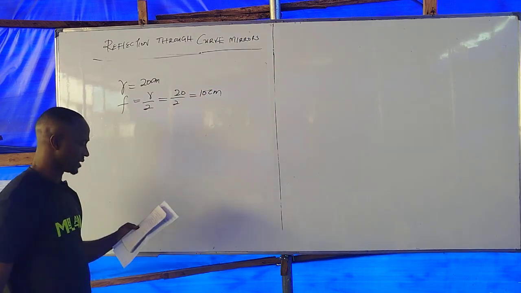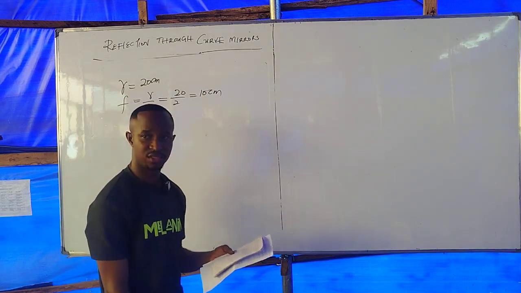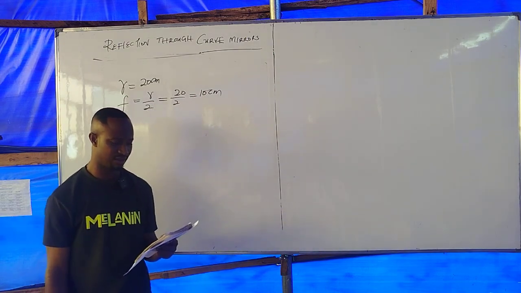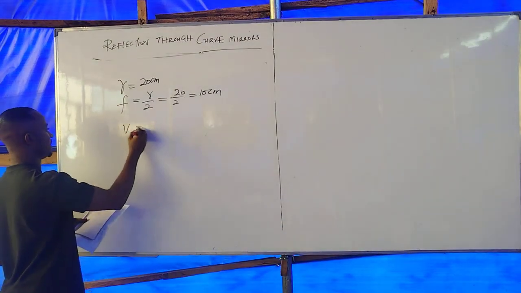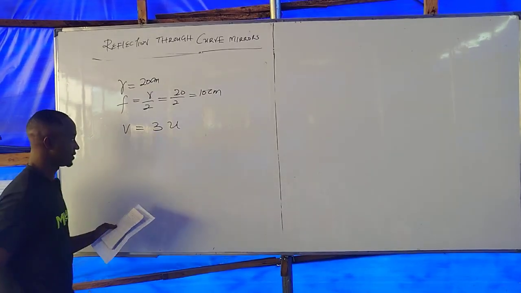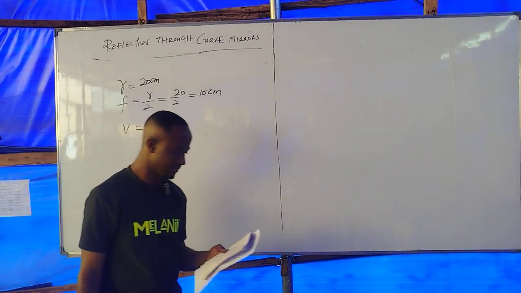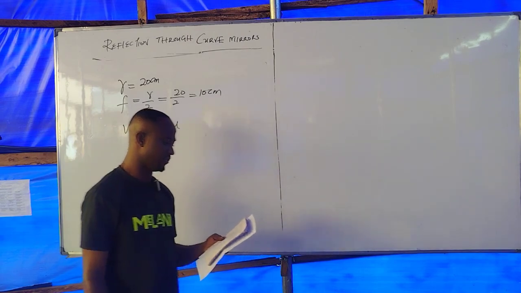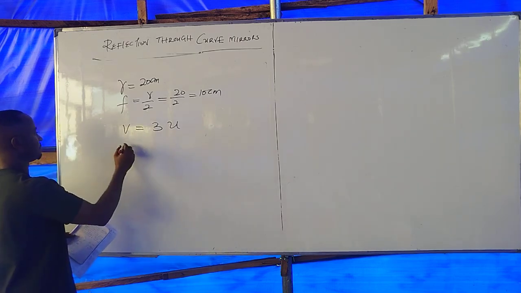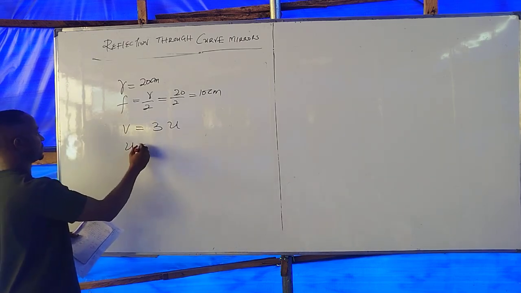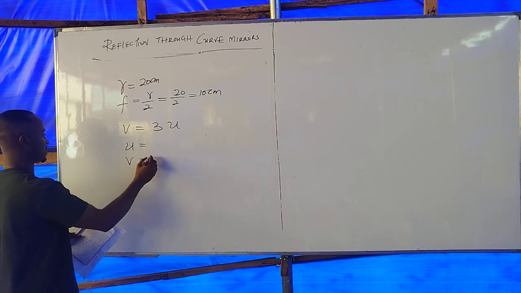The image is 3 times the size of the object, which is 3u. Then we have to calculate the position of the object and the image.